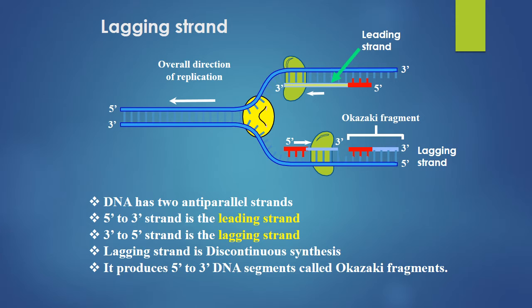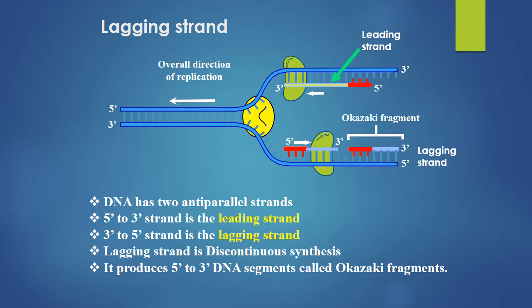Because of that, numerous primers will be added at several points. The primers are denoted by the red color. So they're added, and then after that, the DNA polymerase 3 will add the nucleotides. And then once that part is complete, an RNA primer will again be added in a different section, and then the DNA polymerase 3 will again add the nucleotides.